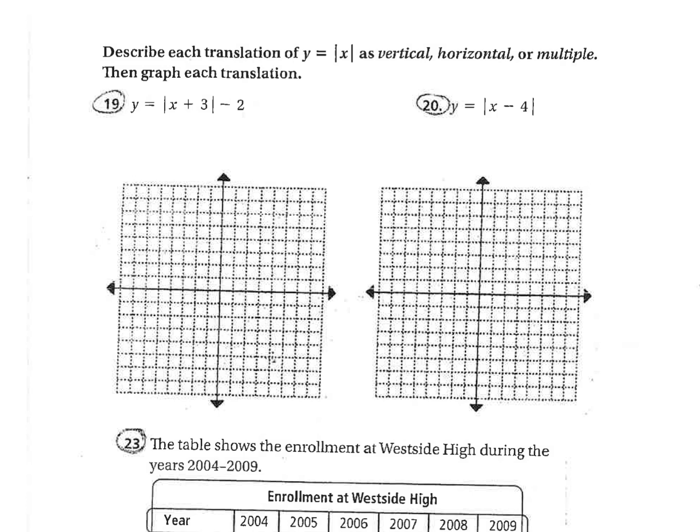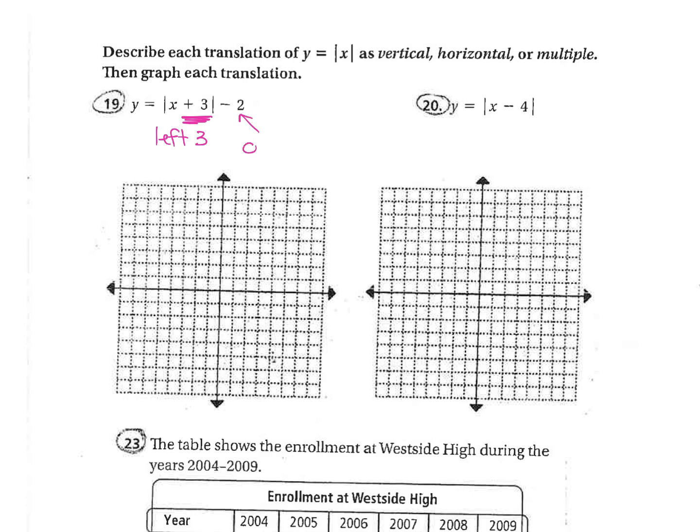Where are you moving for this graph? So plus 3, when it's inside and it's positive, what do you do? The opposite. So if it's a plus 3, you're actually moving left. So you're going to go left 3 for this. Where do you go for this one?